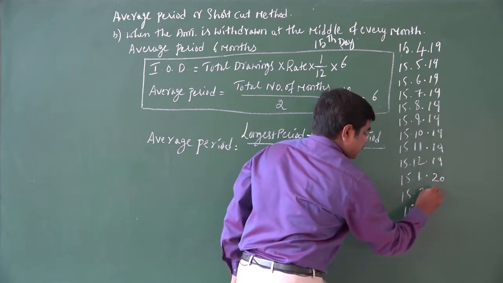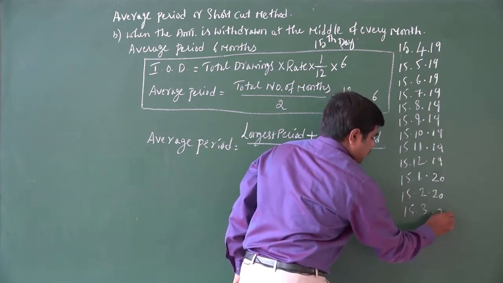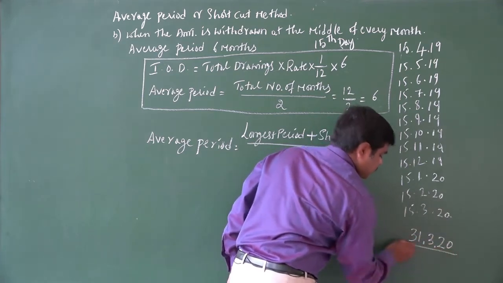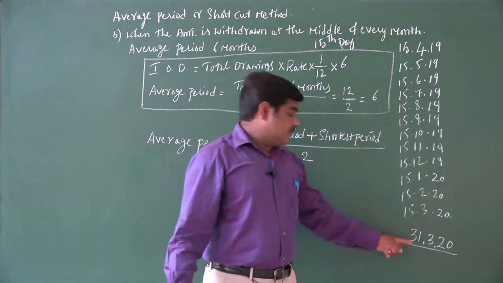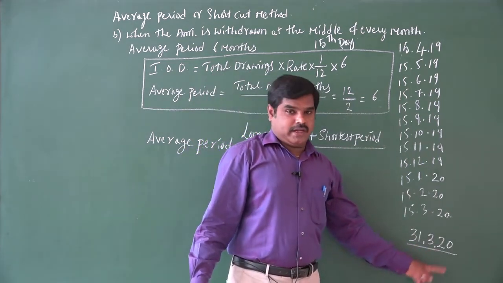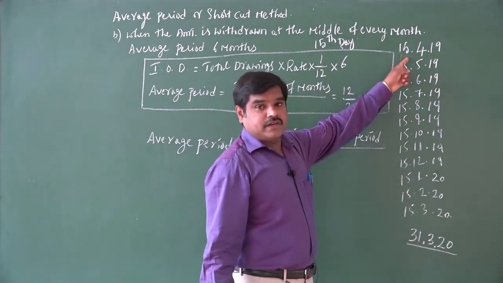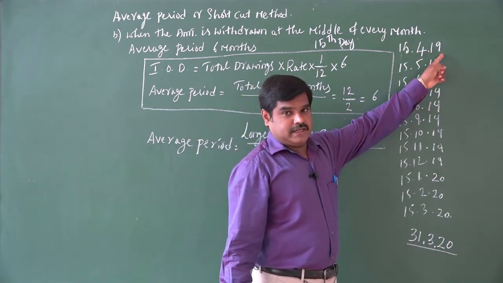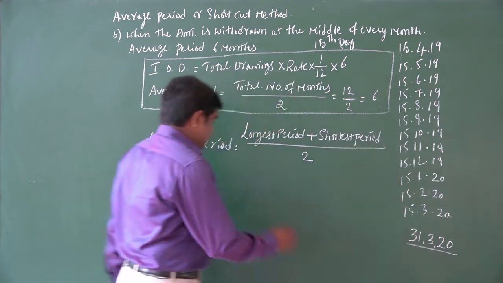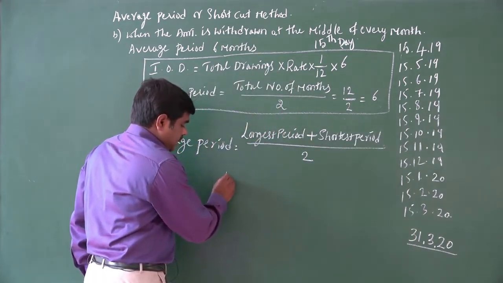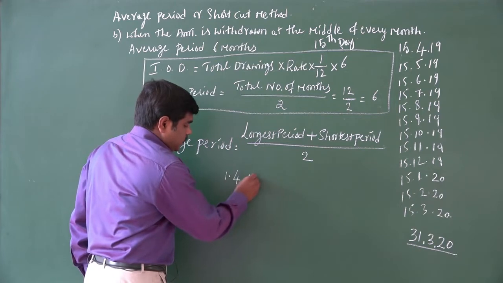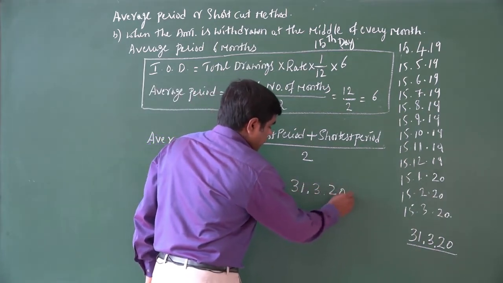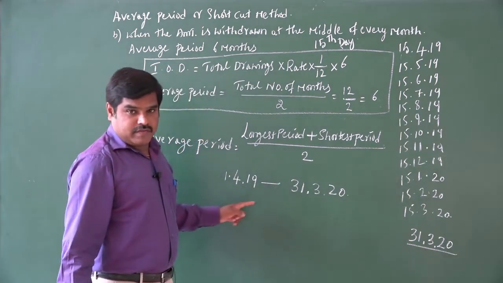The accounting year ends on 31st March 2020. The first date of drawing is 15/4/2019. Of course, the accounting year starts from 1/4/2019 to 31st March 2020, so this is the accounting year or financial year.